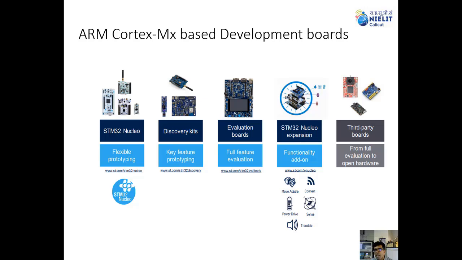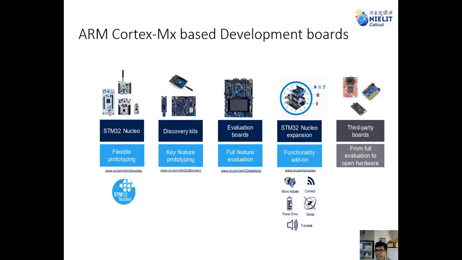Now, if you target STM Cortex M series, there are different types of development boards available. We call them Nucleo boards, and similarly there are Discovery boards and evaluation kits.